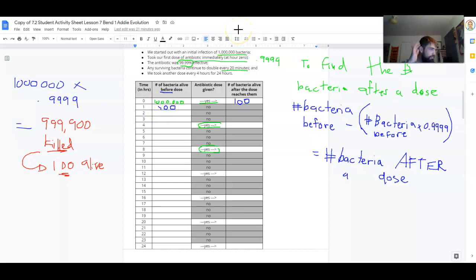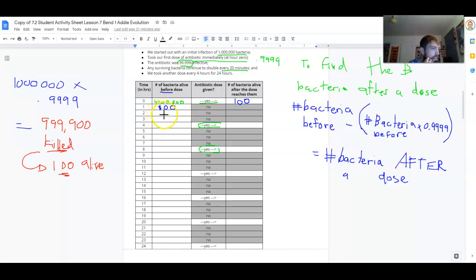Okay, now pay close attention here. So now the bacteria double every 20 minutes, and then we wait 4 hours to take the antibiotics. So if they double every 20 minutes and these are hours, it means it doubles 3 times per hour. And that's the same as multiplying by 8.